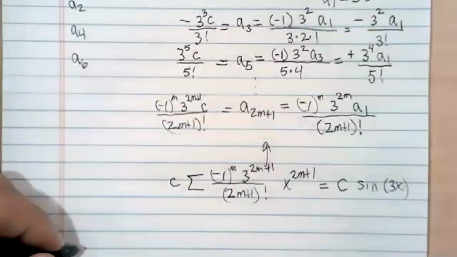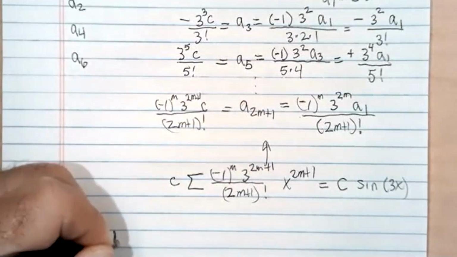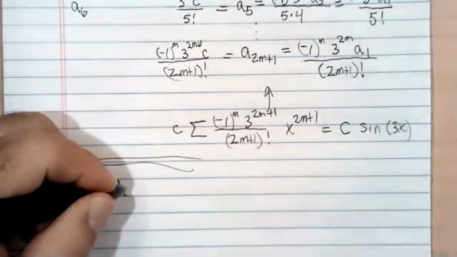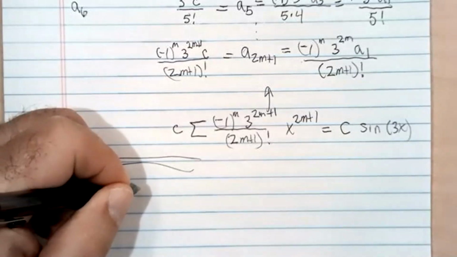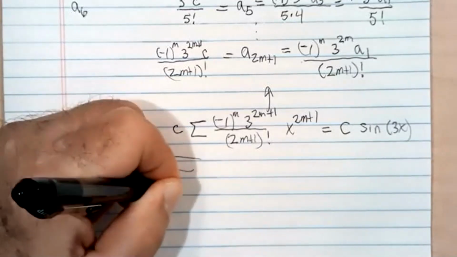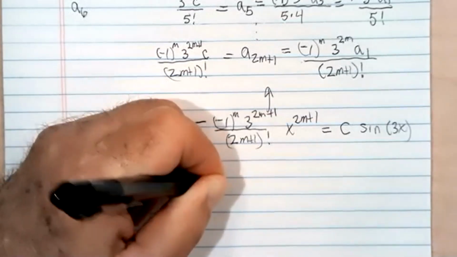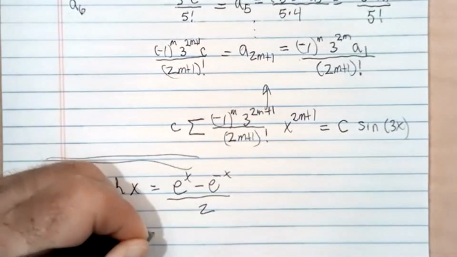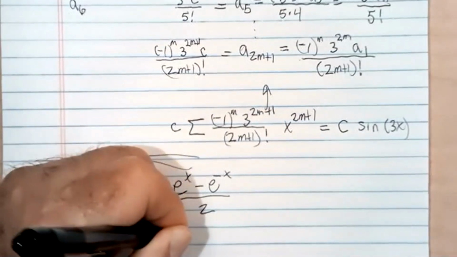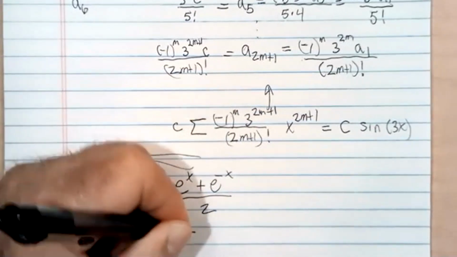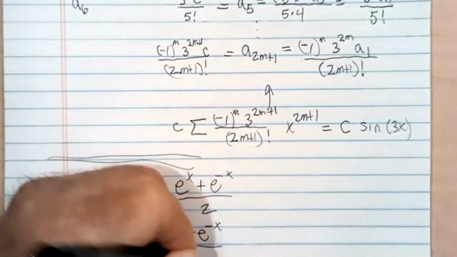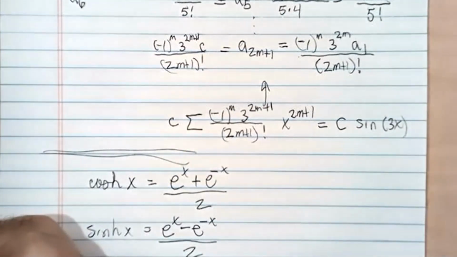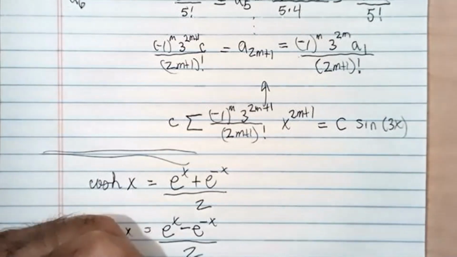And don't forget that the cosh of x is equal to e to the x plus e to the minus x over 2, and the sinh of x is e to the x, I said it backwards, minus e to the minus x over 2.